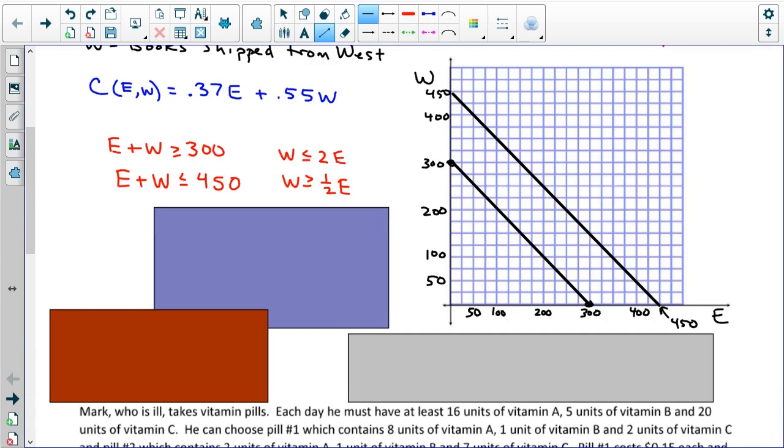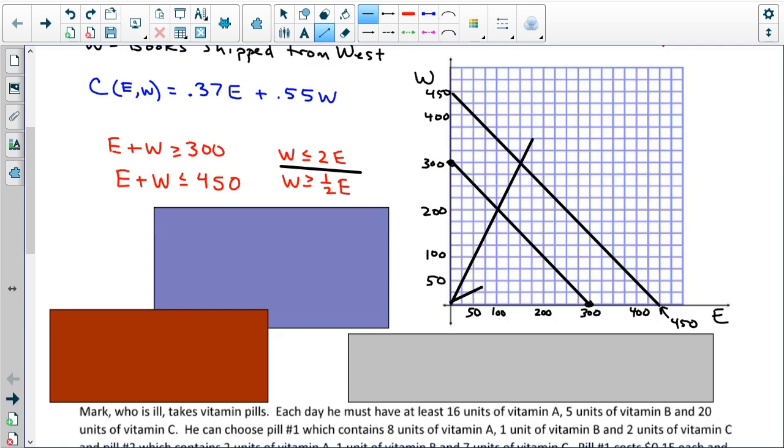Now, these other ones deal with some kind of slope situation. Oh, I forgot to get out of my line thing. So I have W is less than or equal to 2E. So that means I need a slope of 2, and that's good enough.